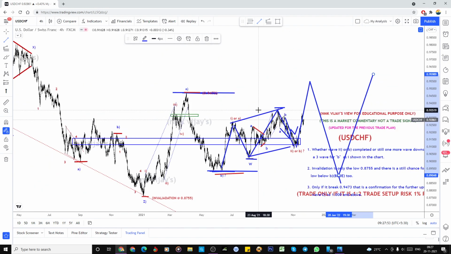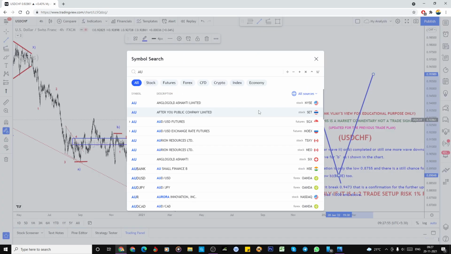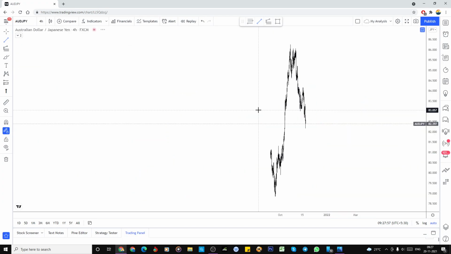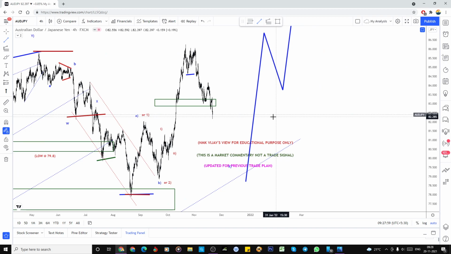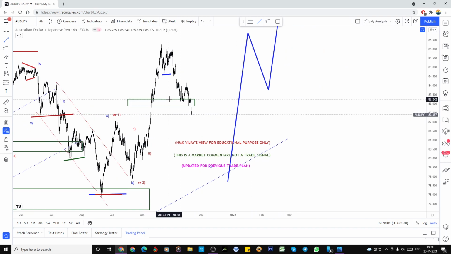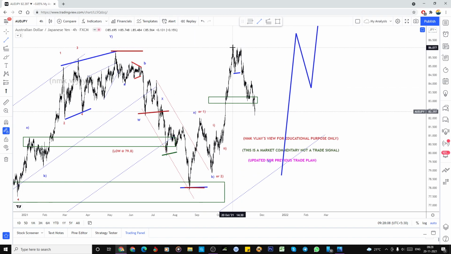So what's next is Australian JPY. I expected a bounce from here, but it again failed. So what it is doing is 1, 2, 1, 2, 3, 4 and 5.